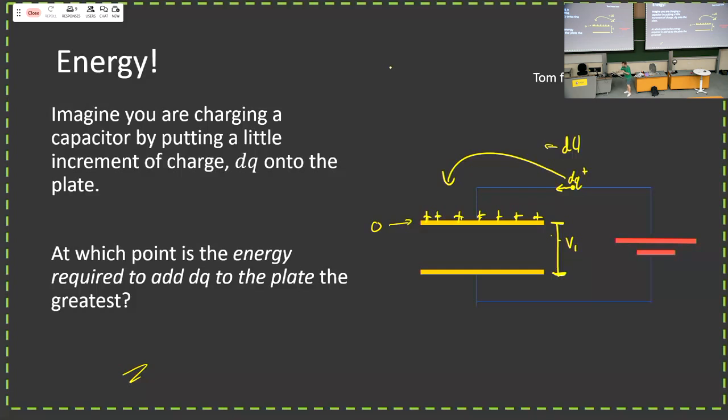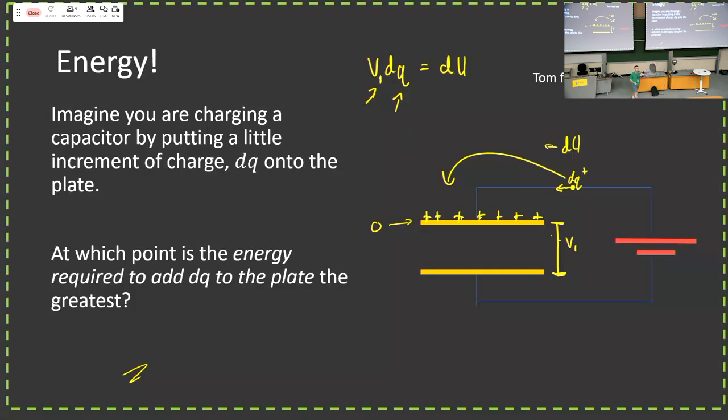To add an element of charge to that voltage separation, you have to give it the amount of energy V times dq. You have to give it that much energy in order to get it to go to a voltage separation of V1.